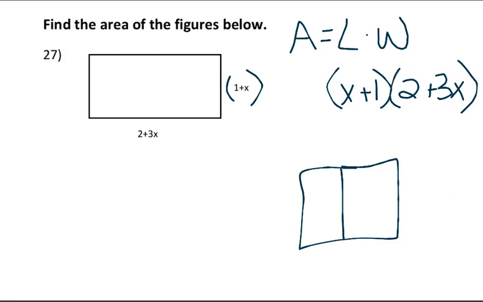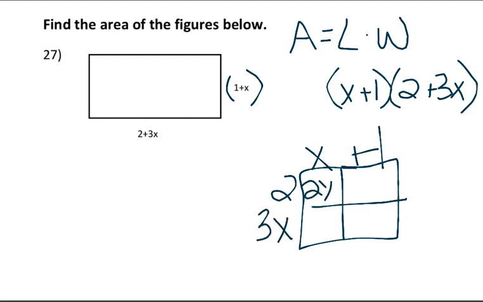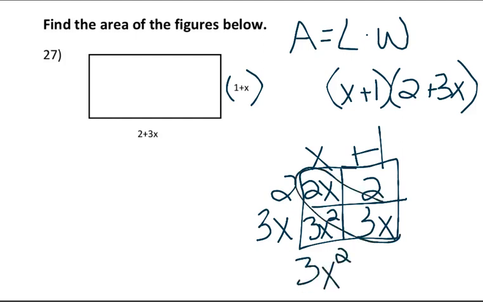Again, using the box, I can multiply x plus 1 and 2 times 3x. So if I just multiply everything like we've been doing, 3x squared, 2, and 3x, my answer is 3x squared. Combine my like terms, and that is all we would get for the area.